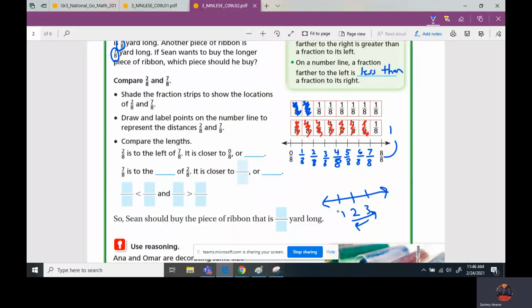Compare the lengths. 2/8 is to the left of 7/8. It is closer to 0, or less. 7/8 is closer to 8/8, which is the whole. 2/8 or 7/8? 7/8 is to the right.